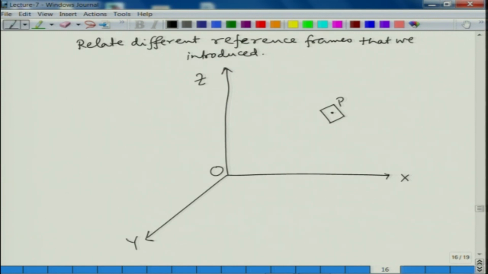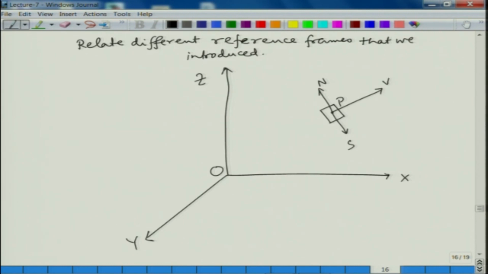Okay. So, let us say on that horizontal plane we will have a north direction, okay, and a south direction. Okay. Now, and on that horizontal plane we will also have a vertical direction.